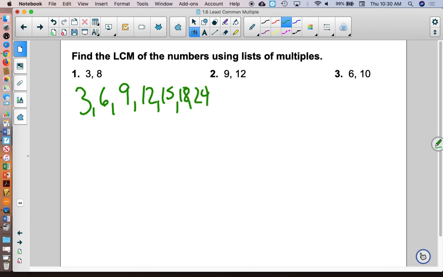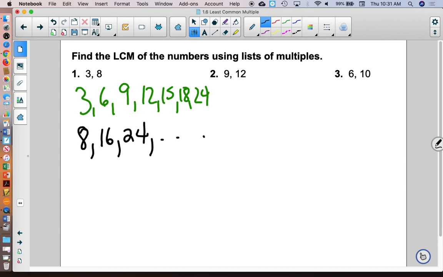The multiple is 24. Okay, hang on a minute, bud. I'm trying to write. You're faster than I am. 8, keep going. 16, 24, you're going to stop, and 24 is your multiple.